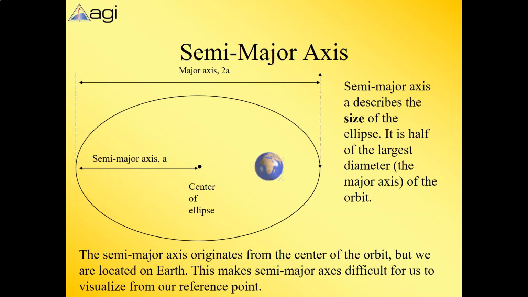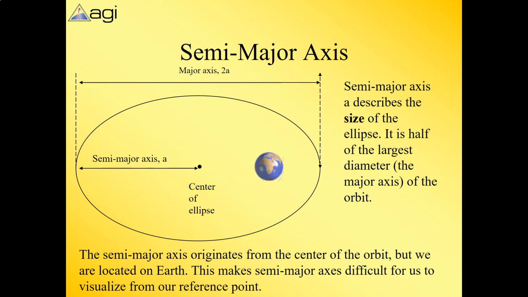This makes the semi-major axis difficult for us to visualize from our reference point. Okay, so a quick recap here. An ellipse has multiple diameters and radii, all of different lengths. The largest diameter is called the major axis. In orbital mechanics, it is the radius rather than the diameter that's used. Since this is half of the major axis, we refer to it as the semi-major axis.